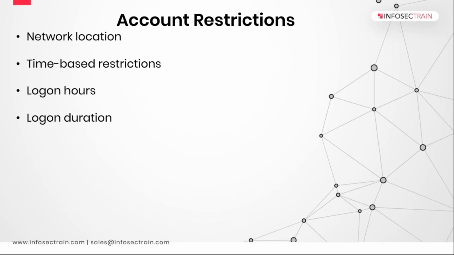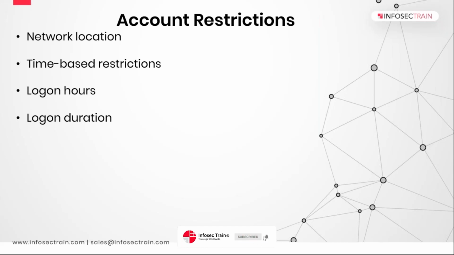Then you have this time-based restriction, correct? Where you check all the login hours and login duration. You check an account and check the authorization of a person on the basis of login hours. If he has been logged in for more than what is permitted, you can just drop him off, right?